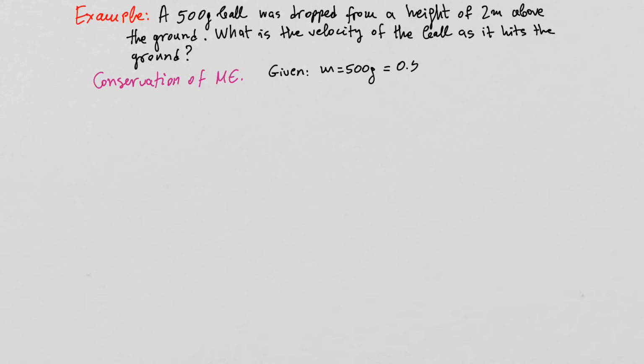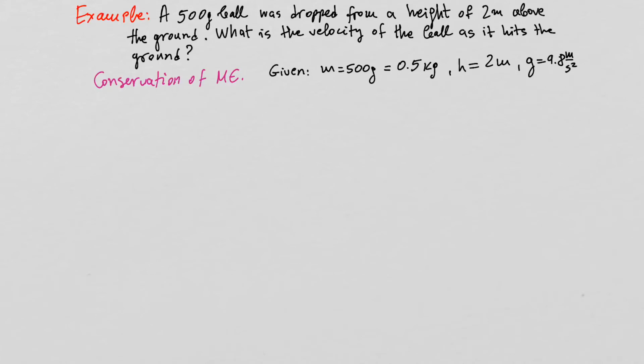So 500 grams is 0.5 kilograms. We also know the height above ground, h, which is 2 meters. And of course, not stated in the problem, but we know the gravitational acceleration, which is 9.8 meters per second squared. What we are looking for is the velocity with which the ball hits the ground.